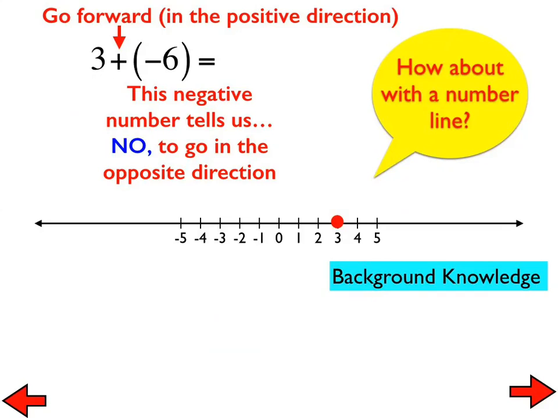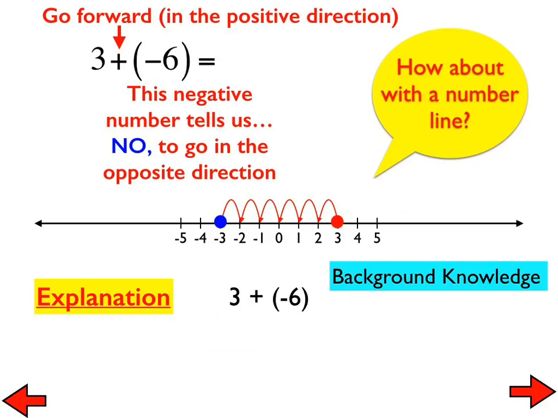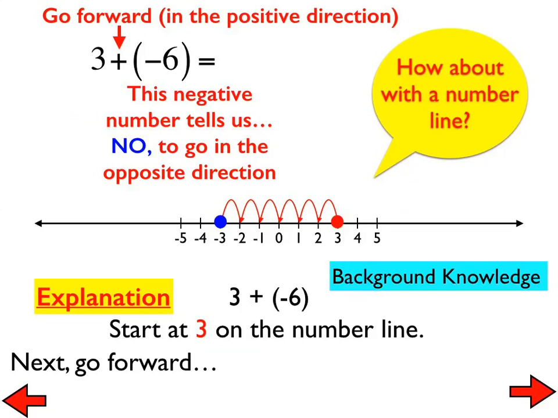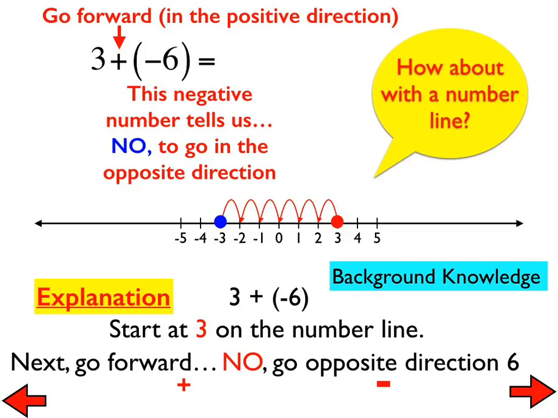And this is key for today: this tells us to go forwards, but then this tells us, no, turn around and go the opposite direction. In this problem, we go backwards 6 places, which took us to negative 3. The explanation is we start at 3, we go forwards, no, we turn around and go the opposite direction 6, which took us to negative 3.